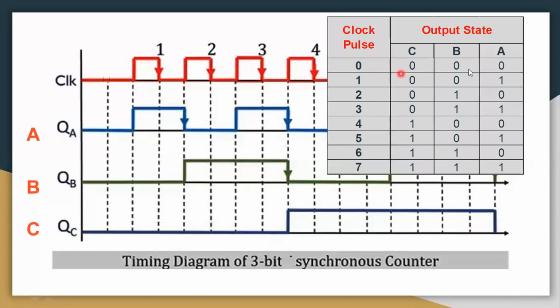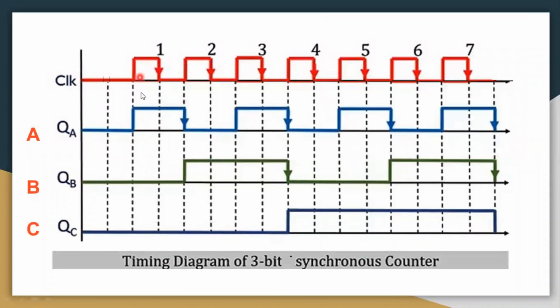See, this is the truth table, in which the A output is high for the first clock pulse, low for the second, high for the third, and low for the fourth. So for the first clock pulse it goes high and continues until the second clock pulse. For the second clock pulse, it goes to 0 state. For the third clock pulse, it goes to high state, and so on.